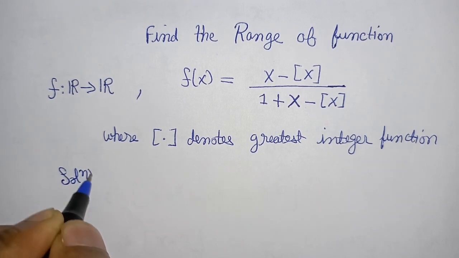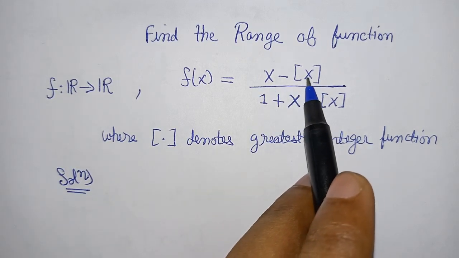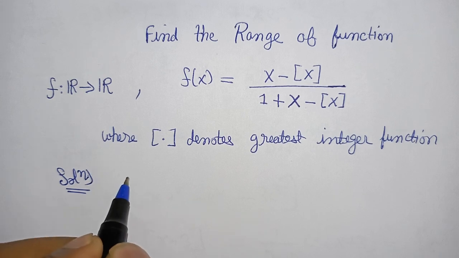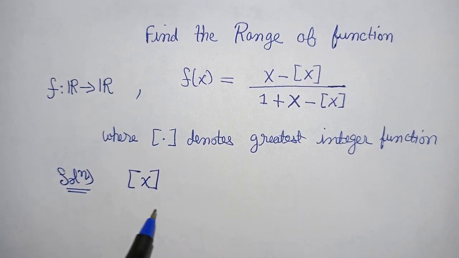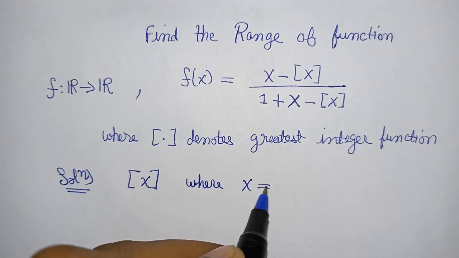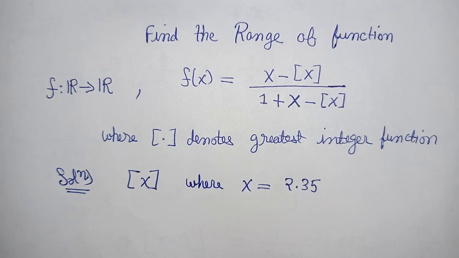Solution will be, first of all, we have to understand what is the meaning of the greatest integer function. Suppose we have the greatest integer function [x] where x is equal to 2.35 or something.